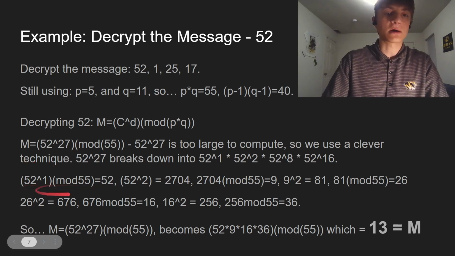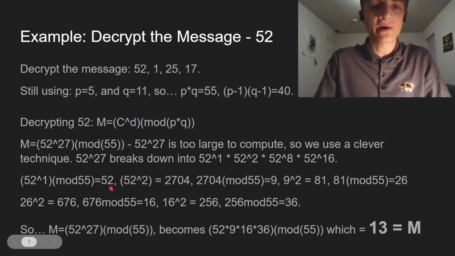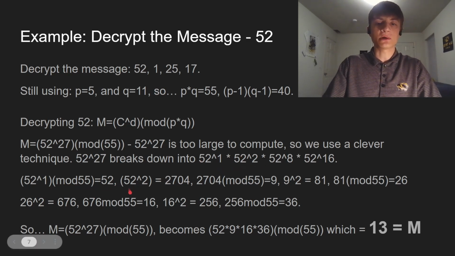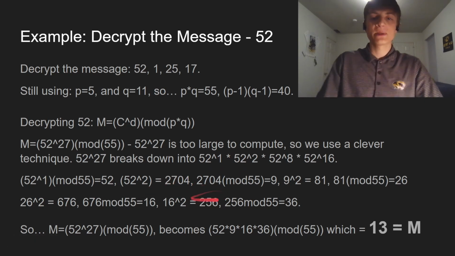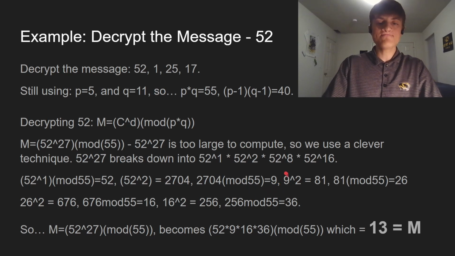The first one's pretty simple. 52 to the first power is still 52, and so 52 mod 55 is going to be 52. Now we move to squared. 52 squared is 2704, and 2704 mod 55 comes out to be 9.